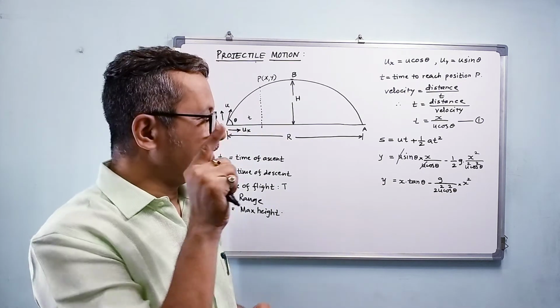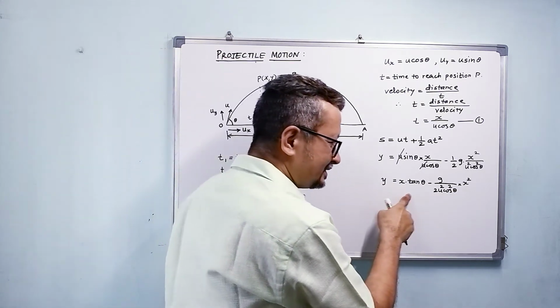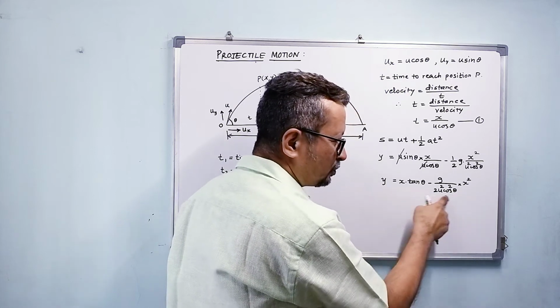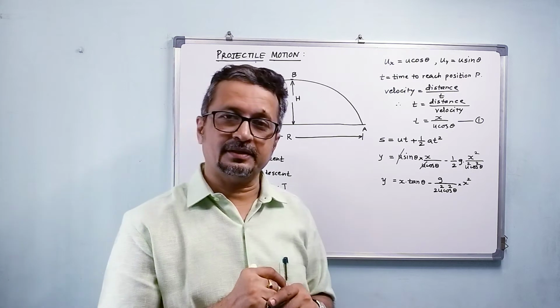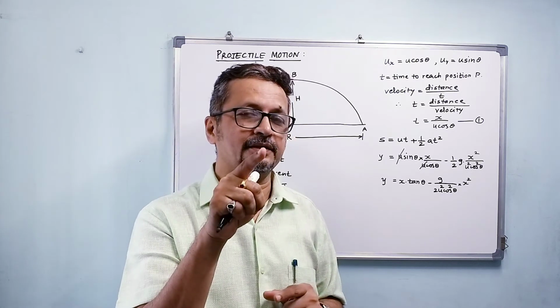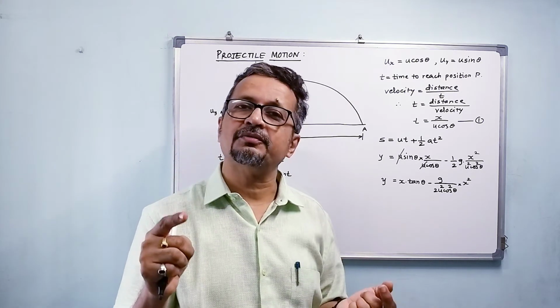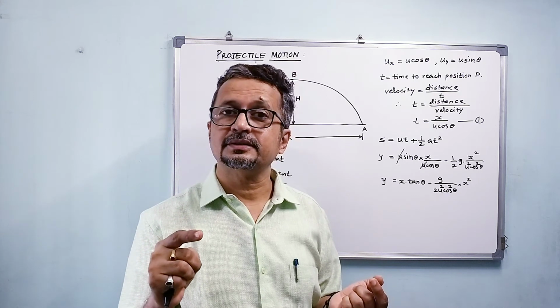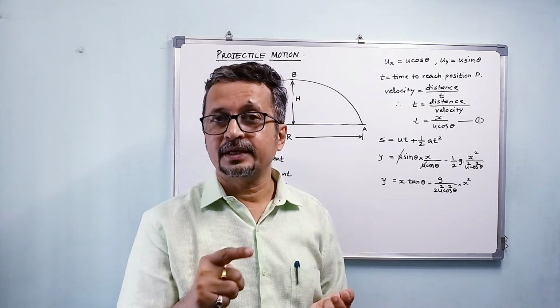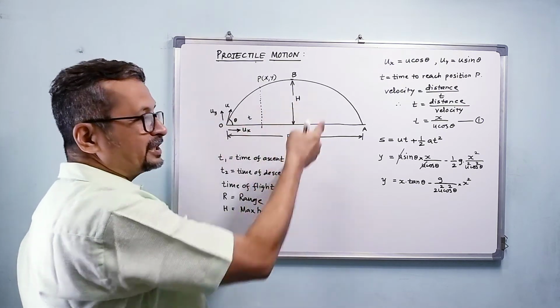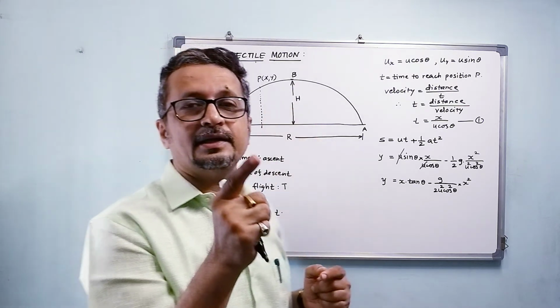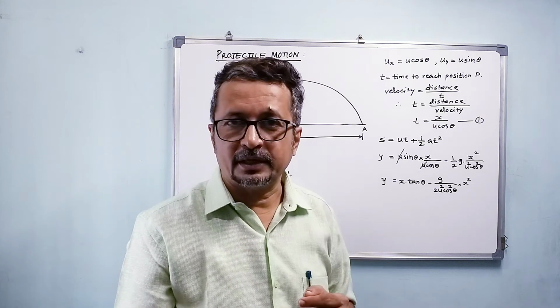If you look at this equation, the right hand side is a quadratic. And what is the profile of a quadratic? It is a parabola. That is the reason why the trajectory of a projectile is a parabolic curve.